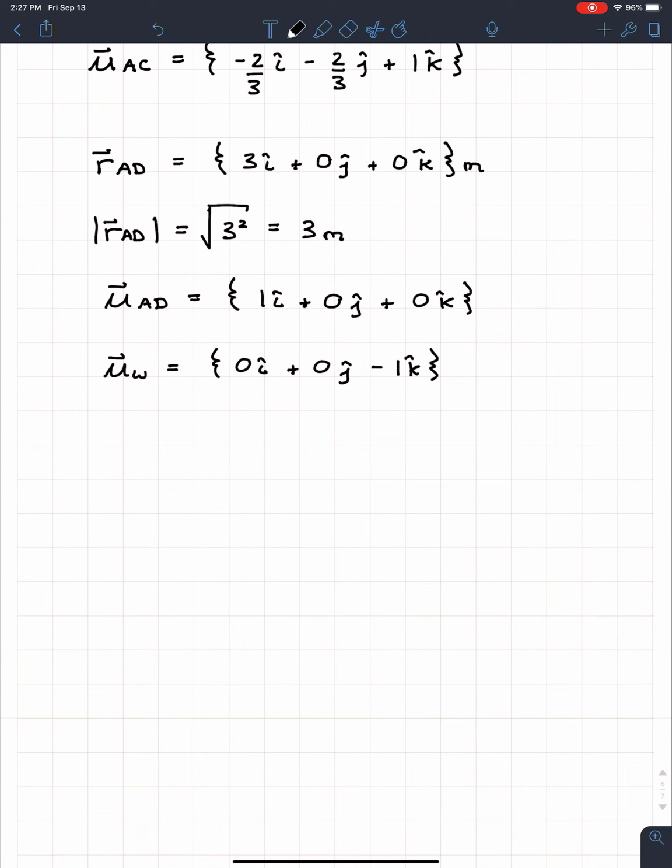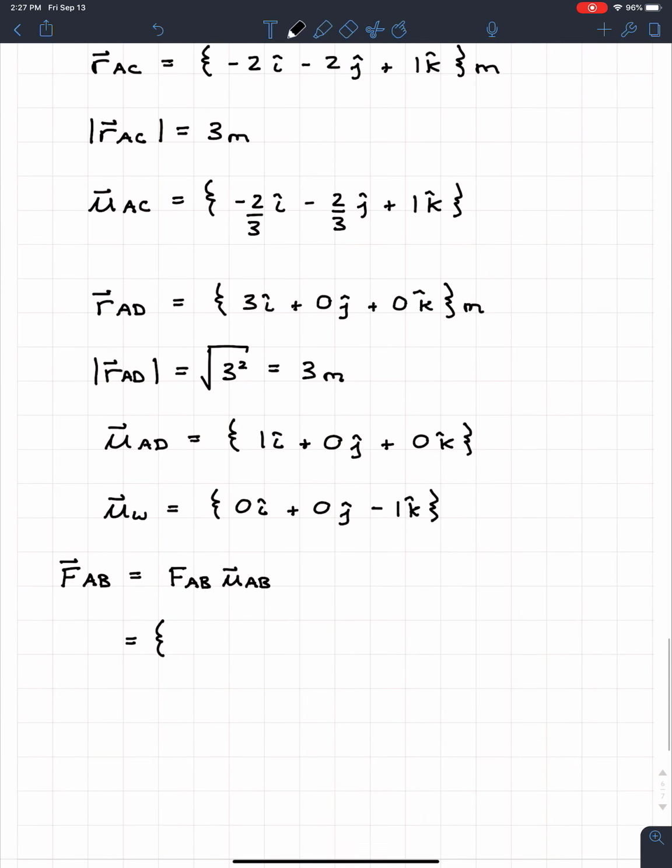So now that we have all our unit vectors, we can start finding our force vectors really simply. We know that FAB is going to be equal to the magnitude of FAB, which we're just going to call FAB, because that's how it's labeled in our free body diagram, times the unit vector AB. When we multiply this in, we're just going to take FAB and apply it to everything in that unit vector.